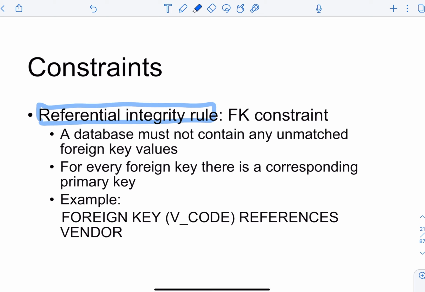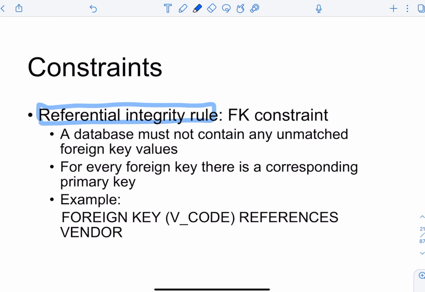So Referential Integrity Rule says if you have a database and when you have a table that's related with another table, you will have a foreign key. And using this foreign key, you can reference the other table.